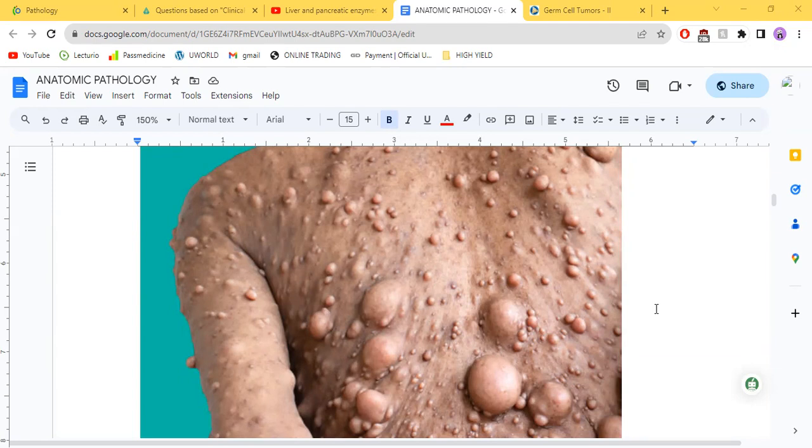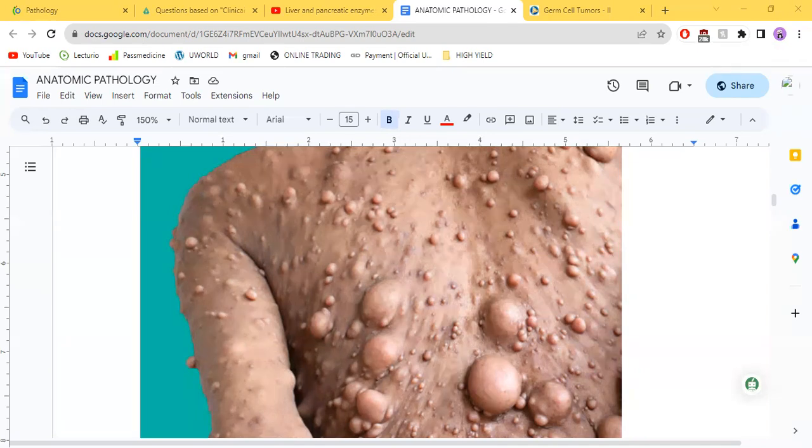Let's put our answers in the chat as usual. What do you think the pathology here would be? Neurofibromatosis 1. Great.